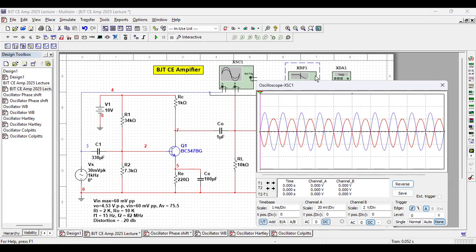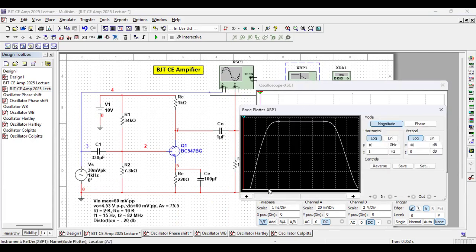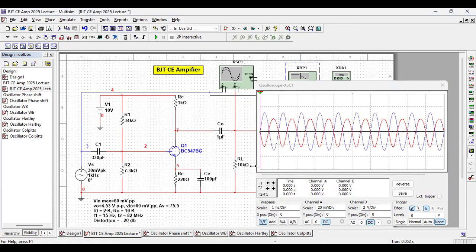And the frequency sensitive curve I showed you earlier: the lower cutoff frequency is 15 hertz, upper cutoff frequency is 82 megahertz. So 1 kilohertz is mid frequency, somewhere in the middle where the gain is flat.